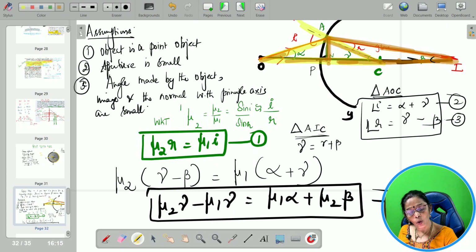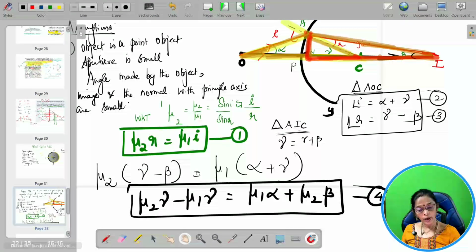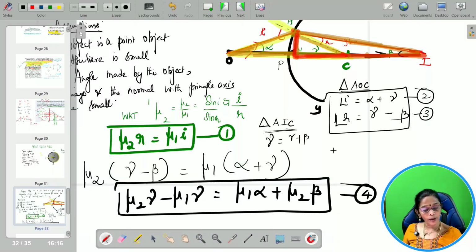So in triangle ANO, tan alpha is AN divided by NO. Similarly, you take the triangle ANI, tan beta you find out. Similarly, you take the triangle ANC, tan gamma you find out. So I want to find tan alpha, tan beta, tan gamma.